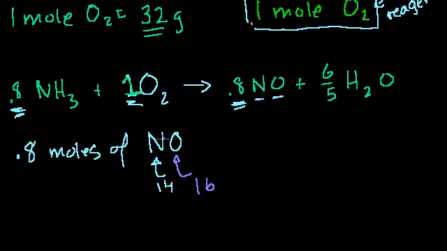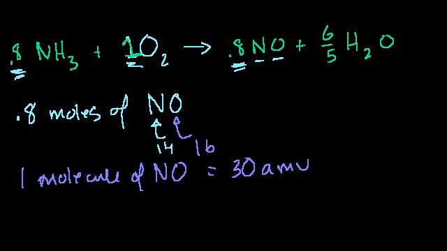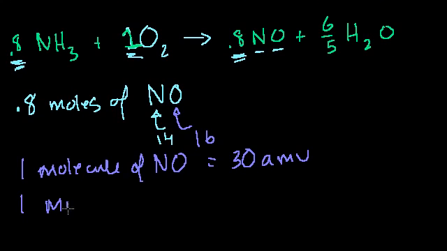So 1 molecule of nitrogen monoxide is equal to 30 atomic mass units. 1 mole, or 6.02 times 10 to the 23 molecules of nitrogen monoxide, therefore, will be 30 grams.